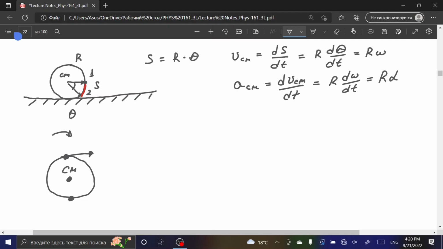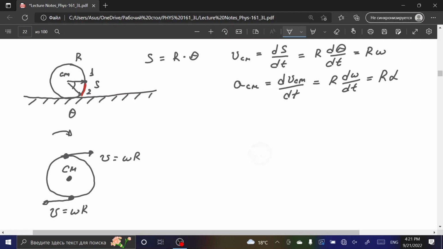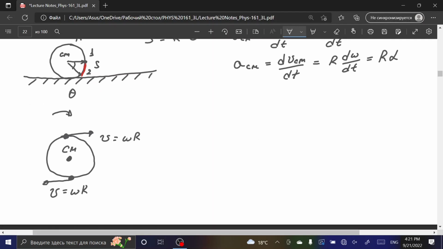So here will be a velocity vector, which is equal to omega times r. Here will be a velocity vector, which is equal by magnitude also to omega times r, but opposite in direction. And what about the center of mass? It will be 0 because the axis of rotation goes through the center of mass. So that is pure rotational motion.